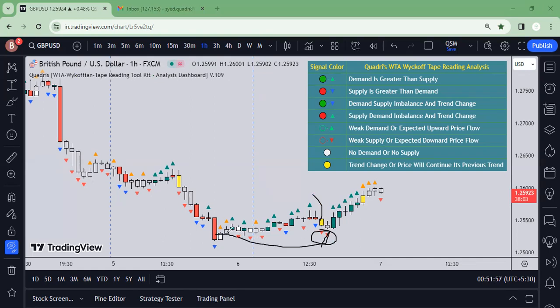That means this entire supply is getting tested, and then this particular bar, it was clear that we are going upwards, and we have demand and control. And then after that, this yellow bar or candle printed over here, suggesting there could be a possible trend change, or price will continue its previous trend.